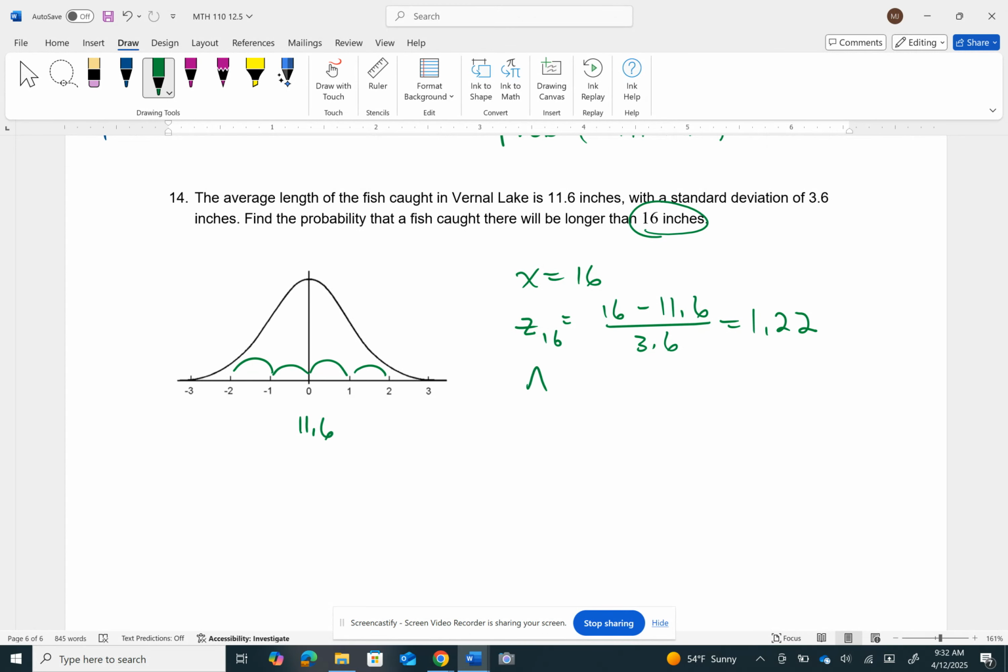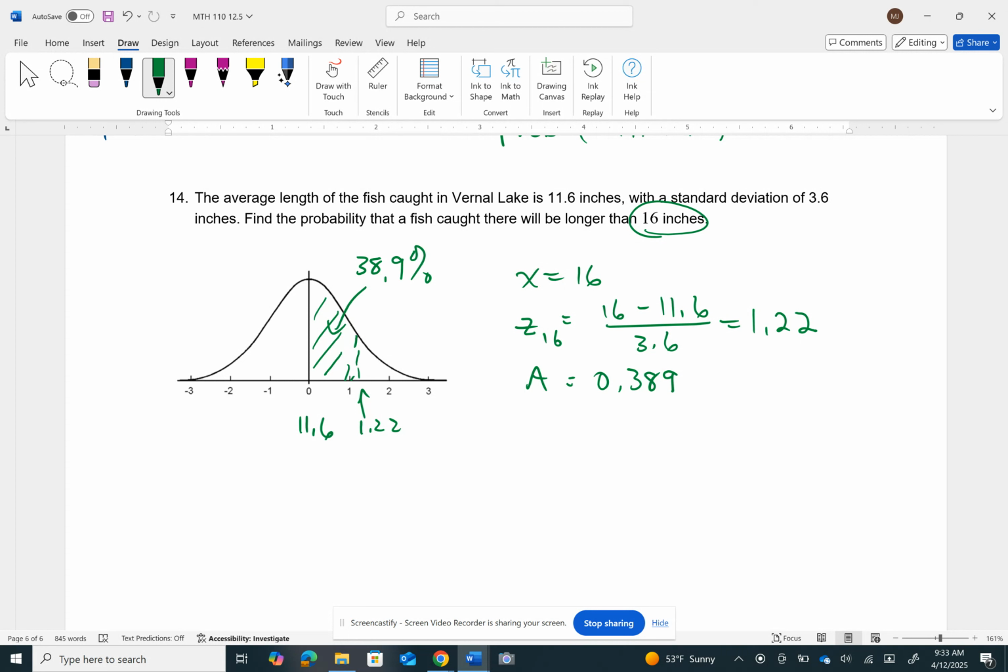So then you go to your table and you get the A corresponding to that, and the A corresponding to that is 0.389. All right, now the 0.389 would be from our z-score of 1.22 to the mean. That 0.389 would be that 38.9% of the fish would have lengths that would fall between the mean and 16 inches.